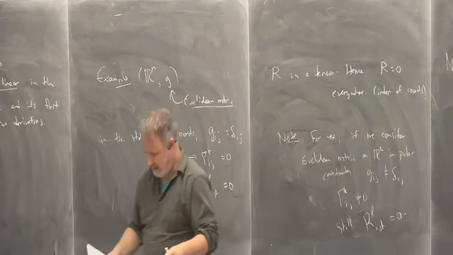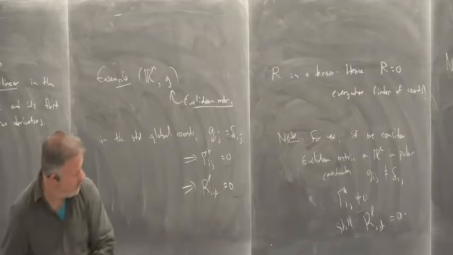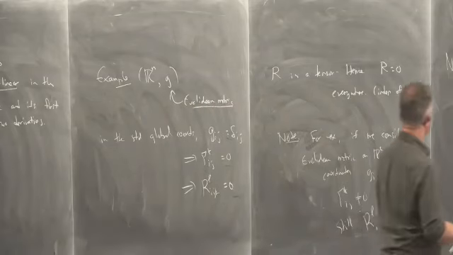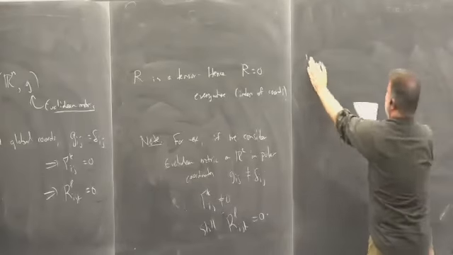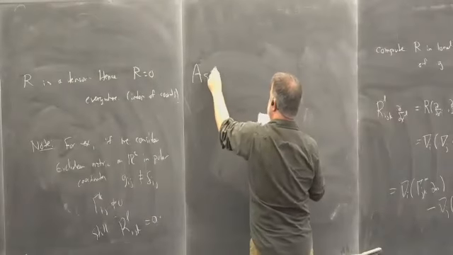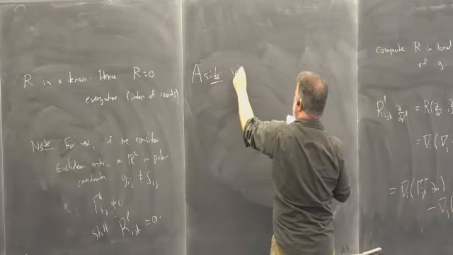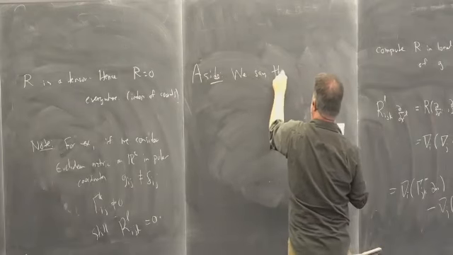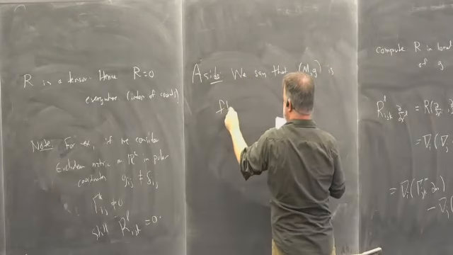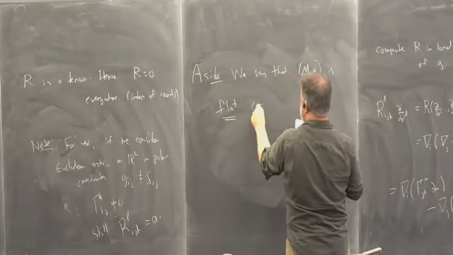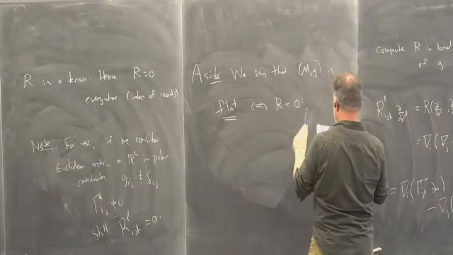Okay. So let me give you an aside. We say that a Riemannian manifold (M, g) is flat if its Riemann curvature tensor vanishes.